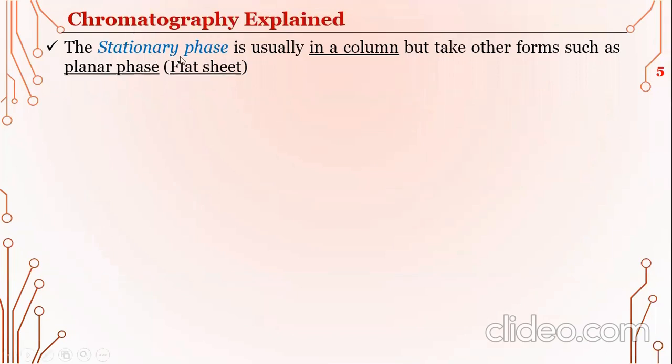This phase will be fixed in a column or in some other support, but it can take other forms such as a planar phase, so a flat sheet could be used instead of a column. The column is usually filled with the substance used for the stationary phase.